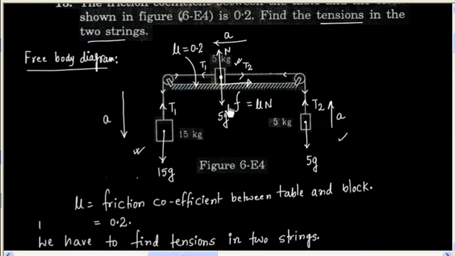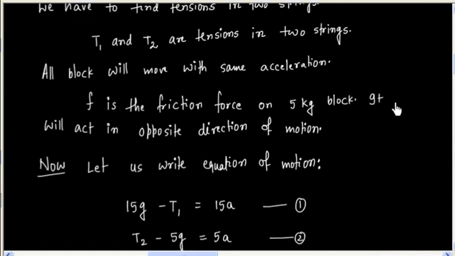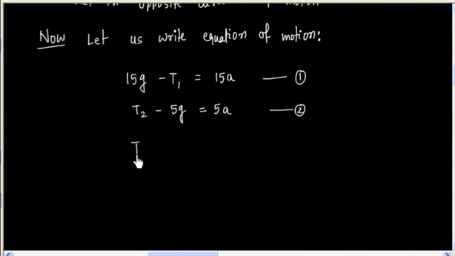Now this block is going in the left direction, so left forces will be positive, and normal is equal to 5g. So friction force is mu times N, mu is 0.2 and N is 5g. So this is simply g. So T1 will be positive and T2 will be negative.